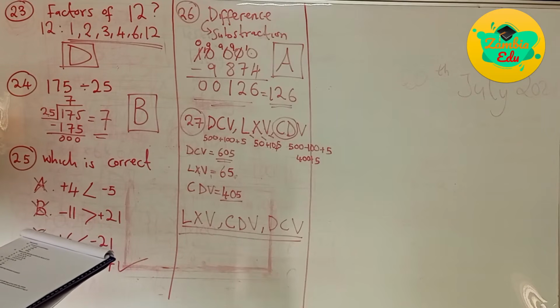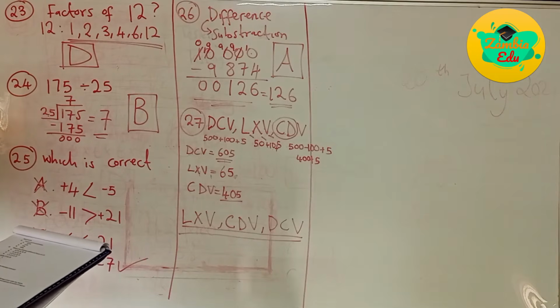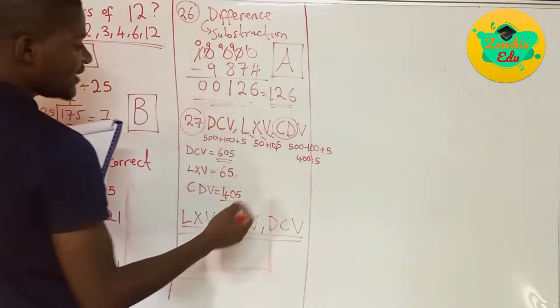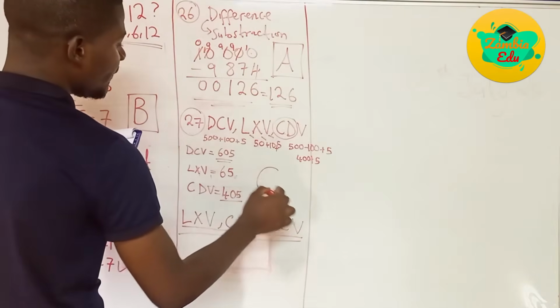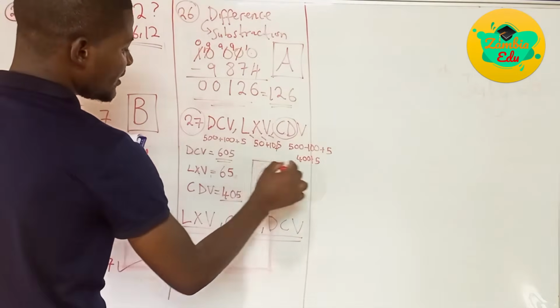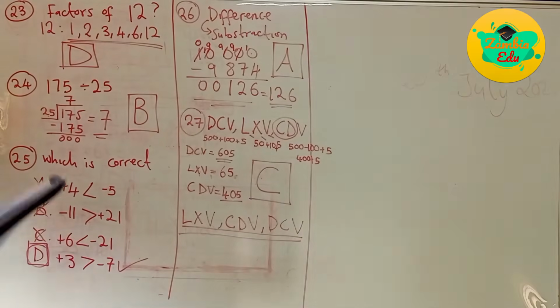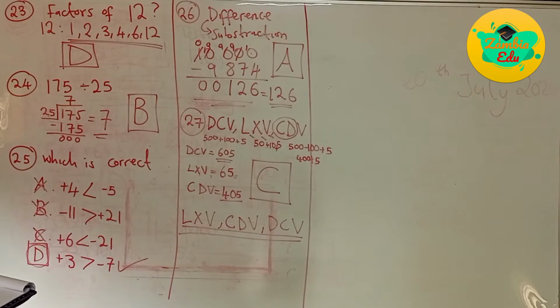Then our C is LXV, CDV, DCV, which is exactly what we find, and therefore we say the answer for question 27 was C. Therefore, C is the one that has to be shaded.